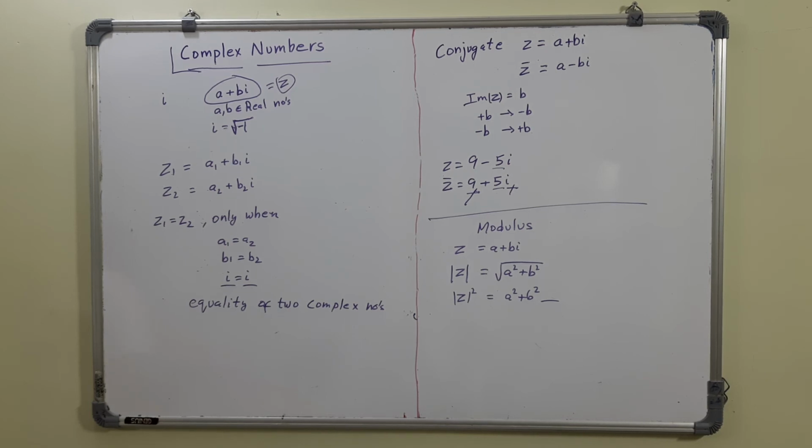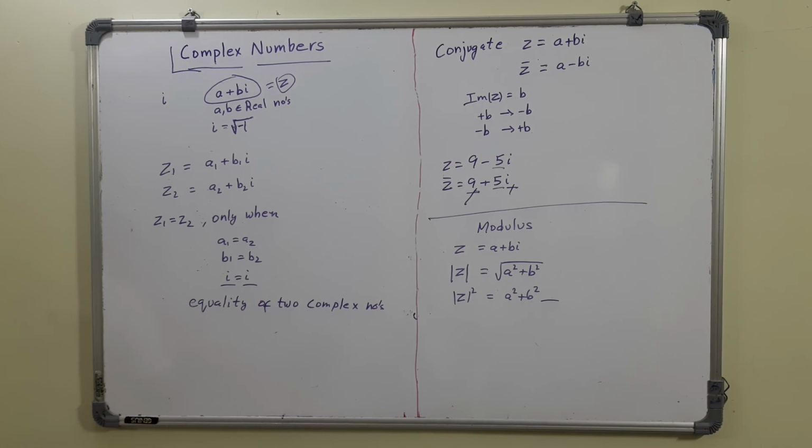Later on we will talk about sum and difference of complex numbers. Then we have properties of addition of complex numbers: the commutative law, associative law, existence of additive identity, then existence of additive inverse.